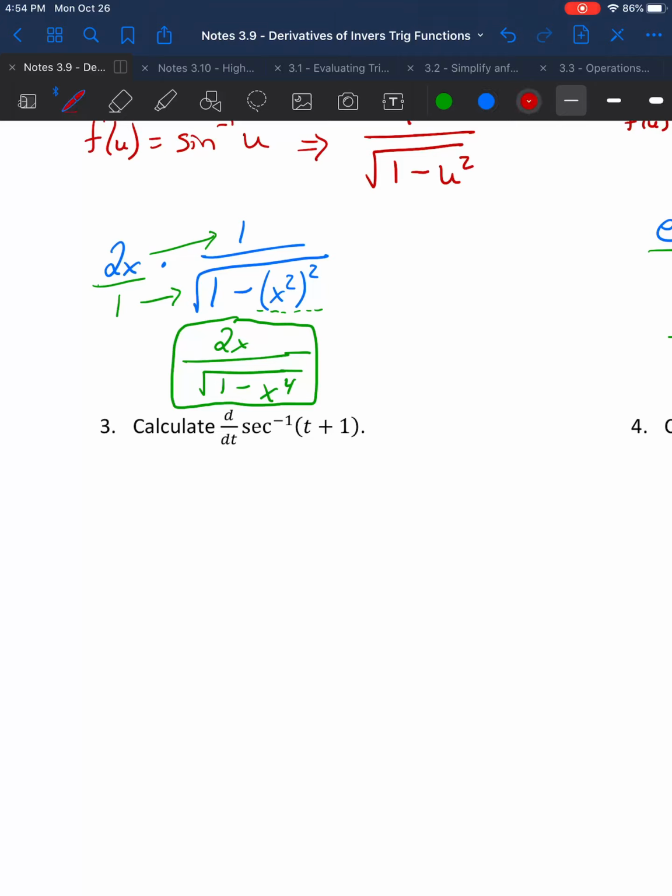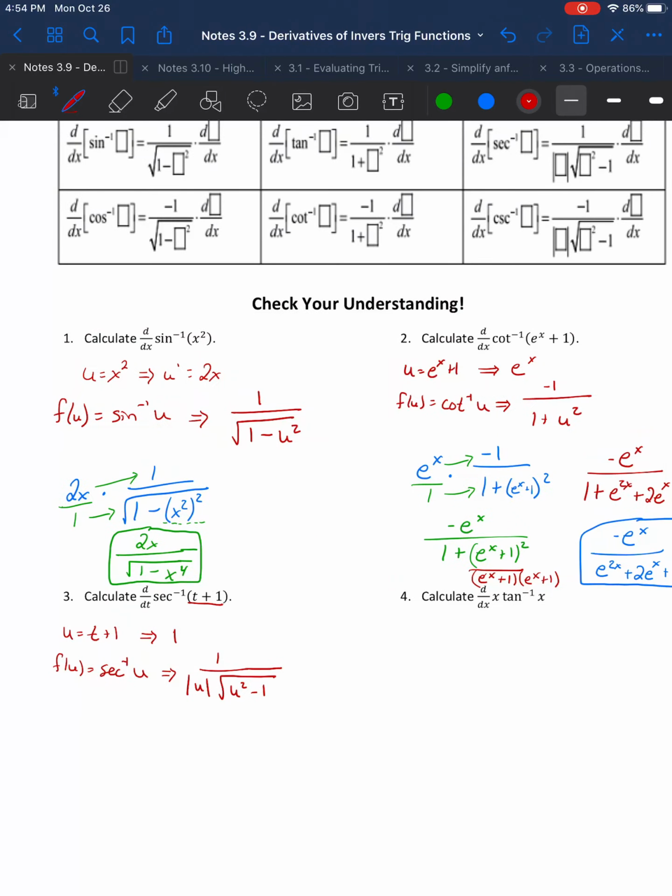Number 3, an inverse secant. Again, I have to decide what my u and my f of u are. I'm using the formula up above.